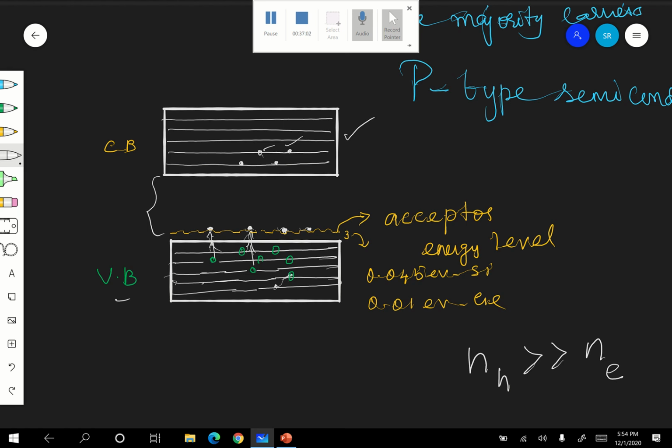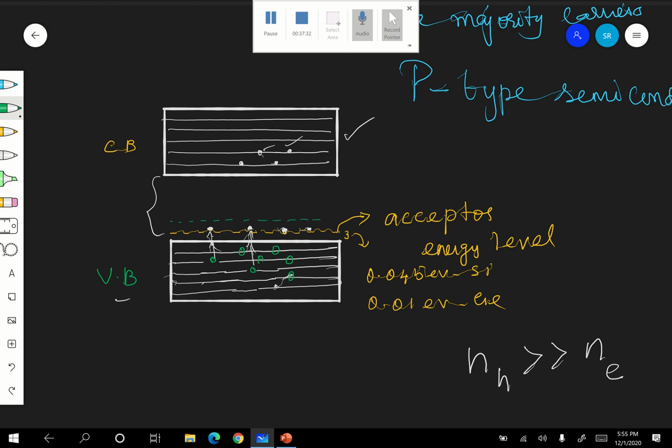That is why it is p-type. In n-type, the conductivity is dominated by the negatively charged electrons, which is why it is called n-type. Here it is a p-type semiconductor, where the total energy of the holes is more than that of electrons in the conduction band. Therefore the Fermi energy level will be somewhere here. It will be shifted.